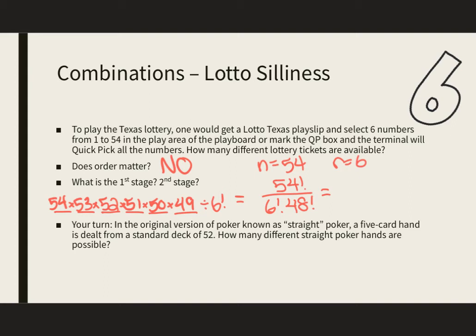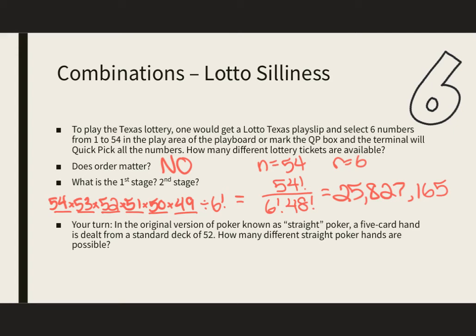What you get is 25,827,165. Oh my goodness, that is just silly. Why would we play the Lotto? It's silly.